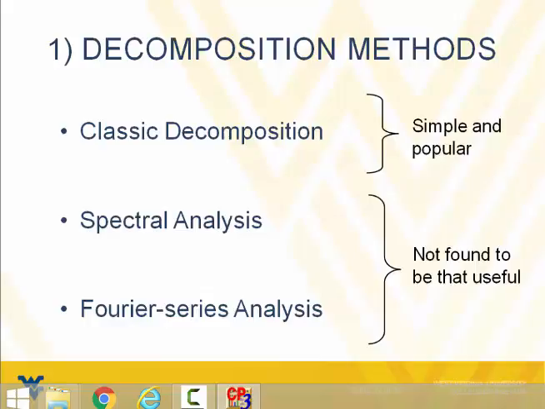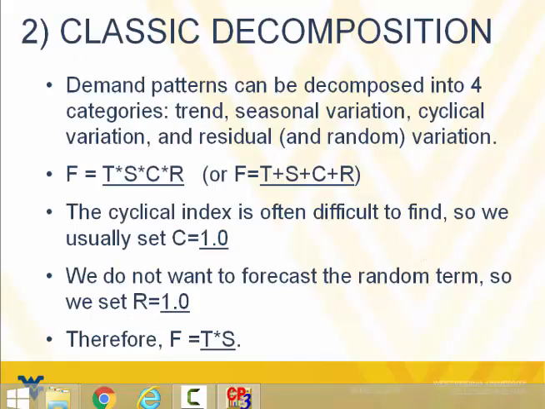So we'll talk about classic decomposition, and just like with Holt-Winters, you could either have the product of all the components of the time series, or you could take an additive approach. But we are going to stick with the product of the different components.